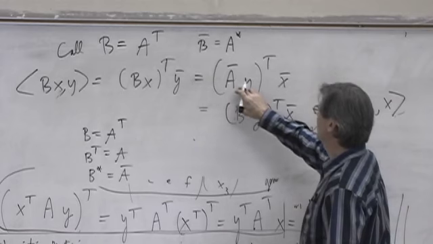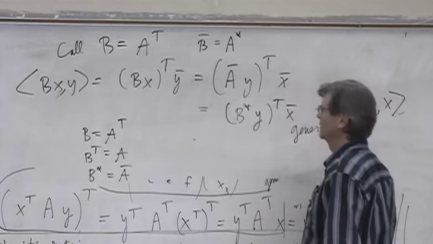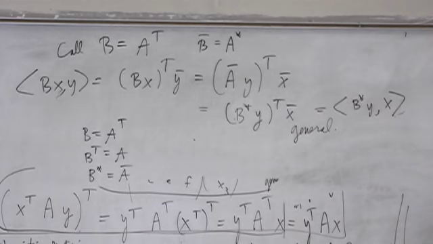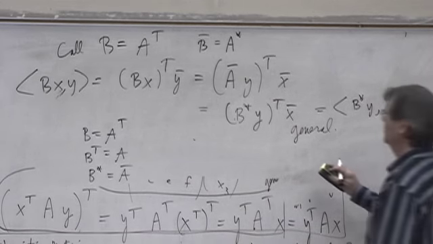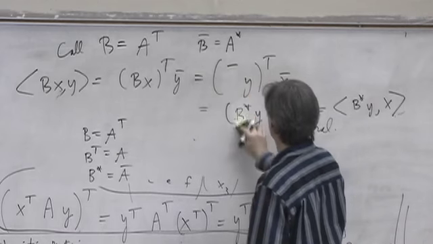How did I get to A bar Y? Where do you get A bar Y from? That's what I said it was equal to, when I switched them. How did I get A bar? I should have gotten B bar. That was my problem.